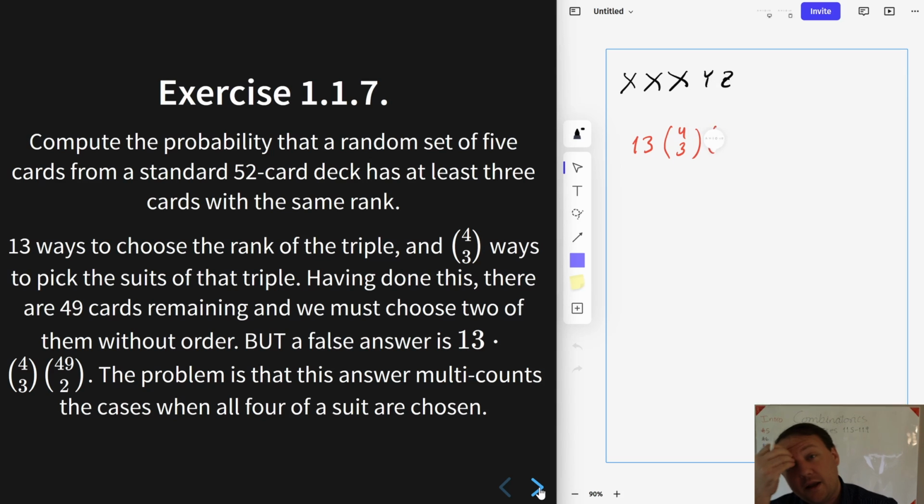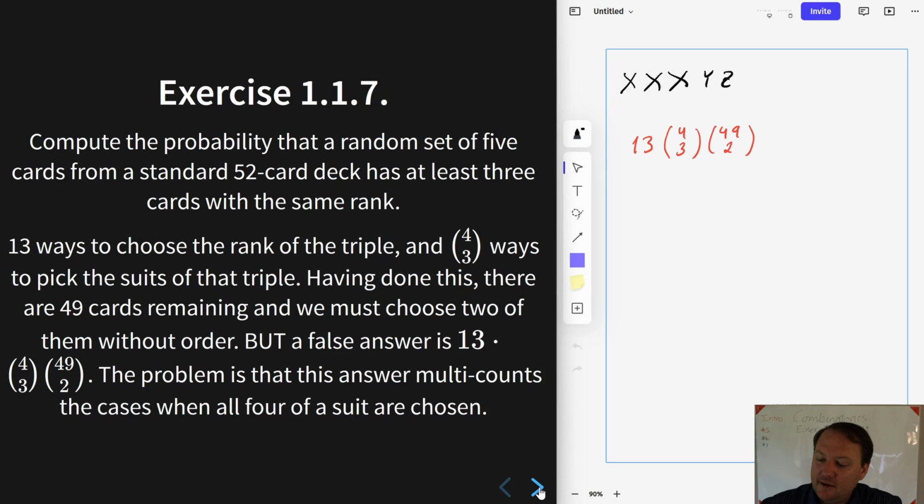So if we've already taken from the deck some 3 cards, then that leaves 49 cards left to choose from, and we want to choose 2 of them. So you might imagine that this is the solution.